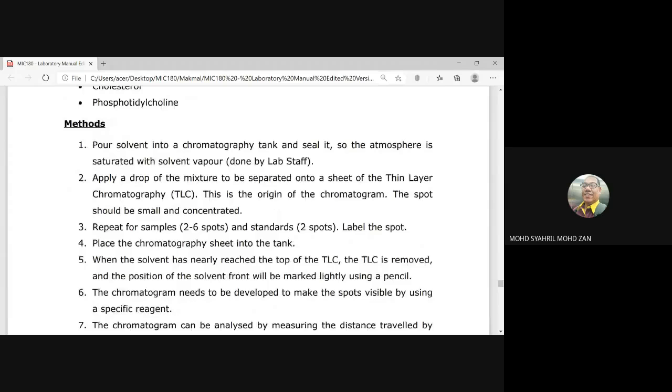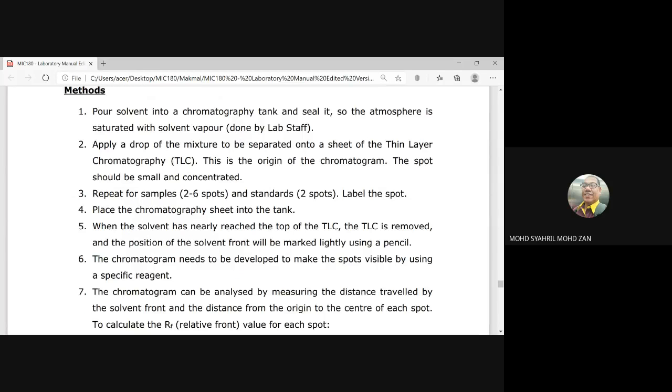Okay. So you have to label the spots, depending on yourself, is it A, B, C, 1, 2, 3, and so on and so forth. Okay. And then place the chromatography sheets into the tank. What tank? Chromatography tank. Yang kita isikan dengan solvent vapor, iaitu kita punya methanol or chloroform.